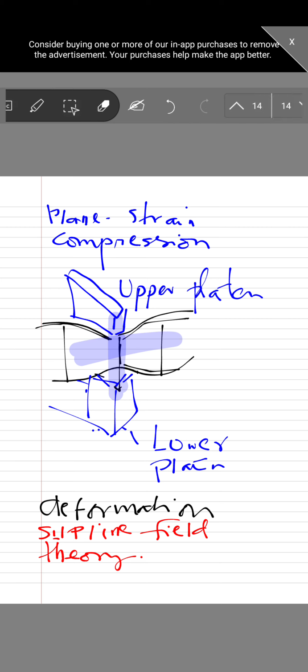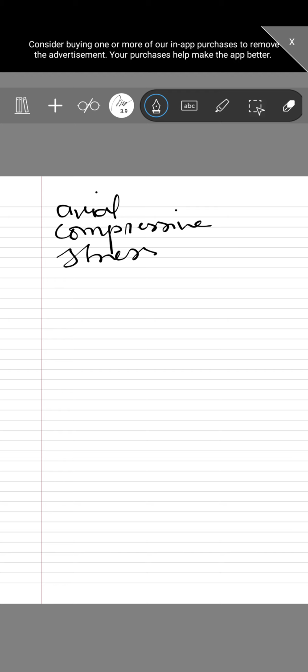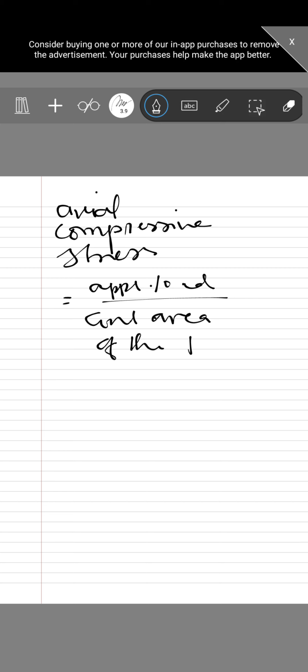And it has been found that the axial compressive stress is simply the applied load divided by the contact area of the platens.